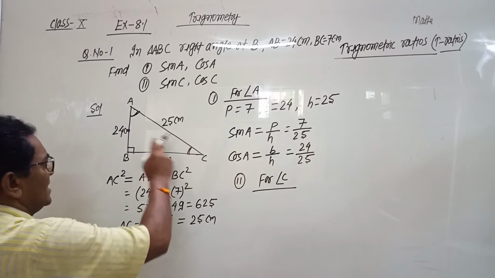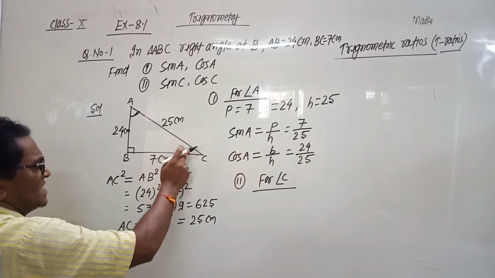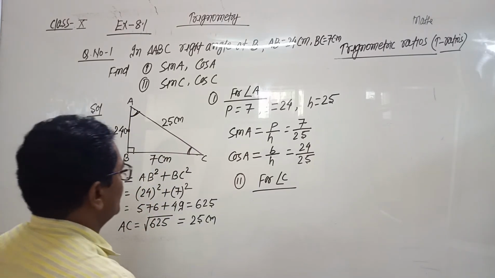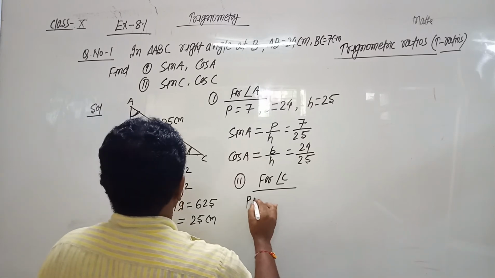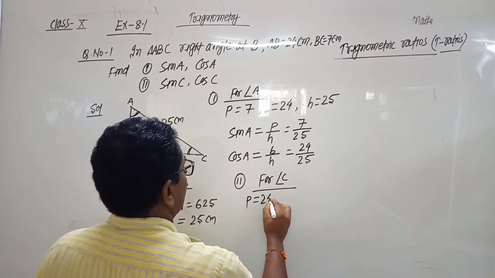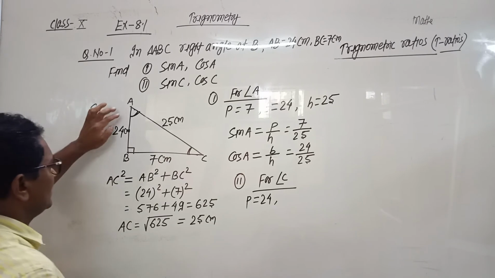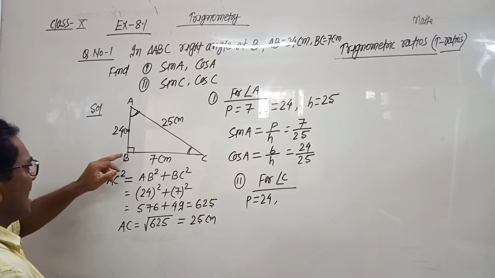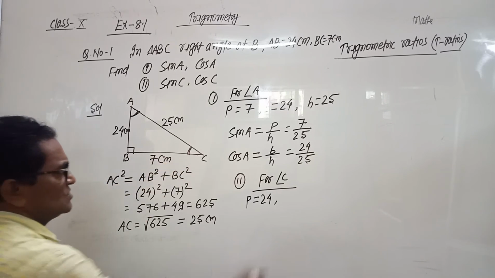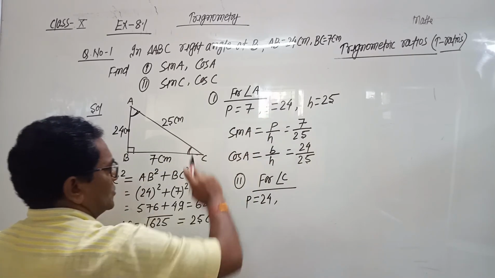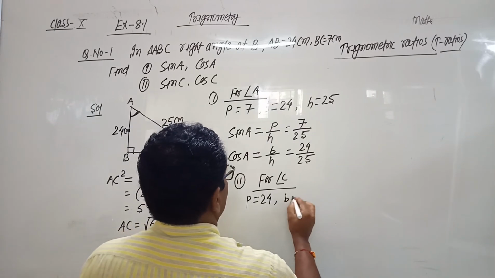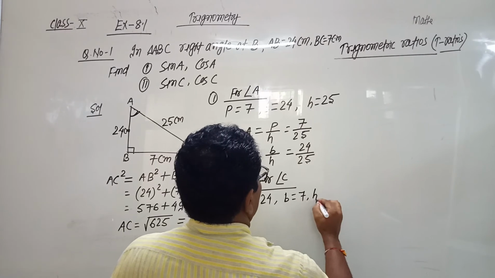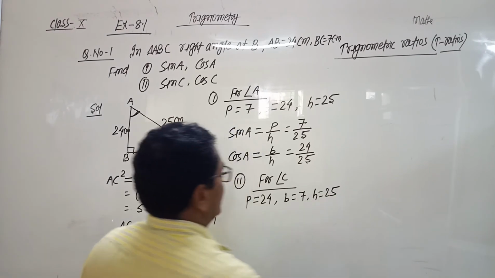In this case, AB will be the perpendicular because it is the side just in front of acute angle C. So perpendicular will be 24 centimeter, and BC will become the base. Both interchange their position. So base is 7 and hypotenuse remains the same, 25 centimeter.